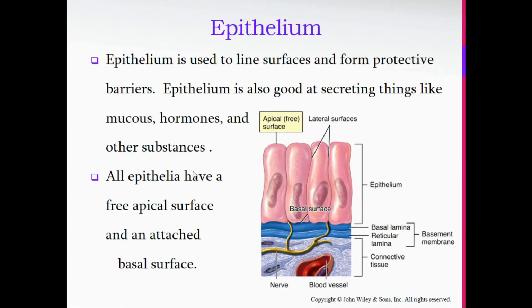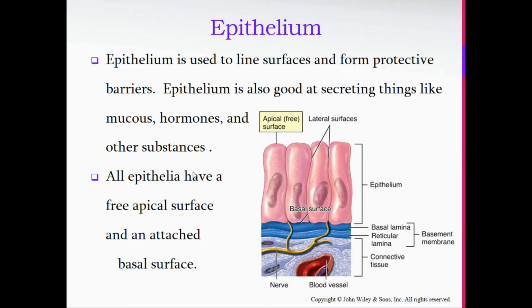All right, so let's go ahead and start talking about the epithelium or epithelial tissue. Remember that epithelial tissue is used to line surfaces and form protective barriers. And this includes your skin, anything exposed to the outside, or anything that is open to a space inside your body.